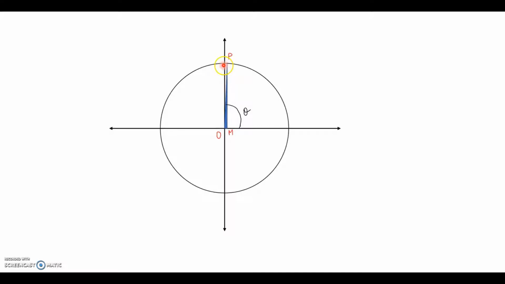But if I'm going to move this point P further to the negative side, notice our OM was becoming smaller and smaller. You can notice from here it was getting smaller and smaller and smaller, but when I push it to the other side, it becomes negative.